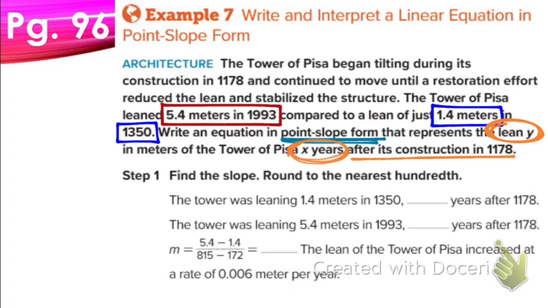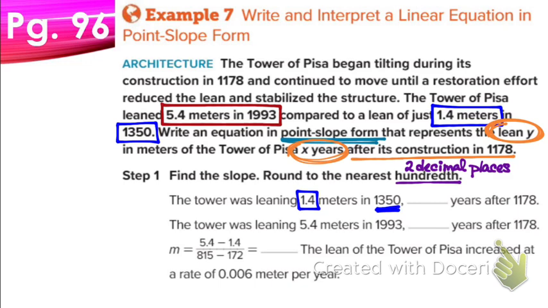We're going to round things to the nearest hundredth. How far is the nearest hundredth? How many decimal places? How many numbers after the point? 2. 2 decimal places. The tower was leaning 1.4 meters in 1350, which was how many years after it was constructed? How would I find that?